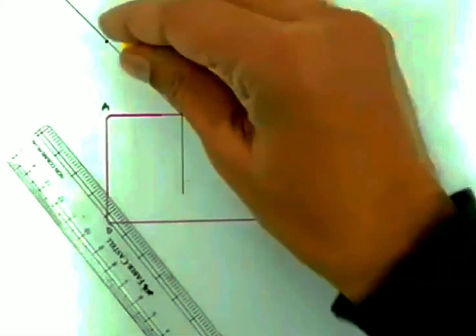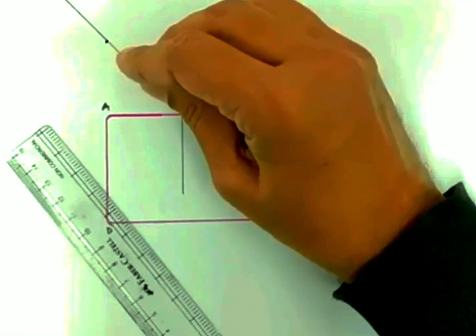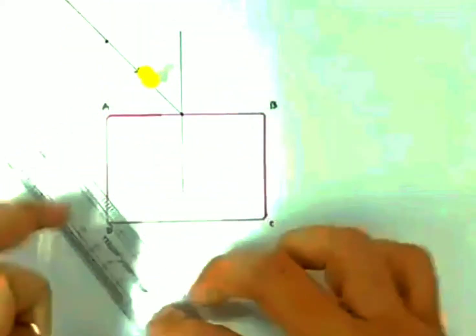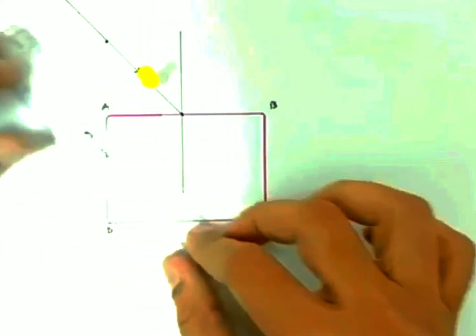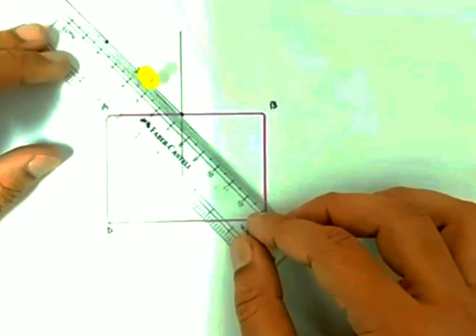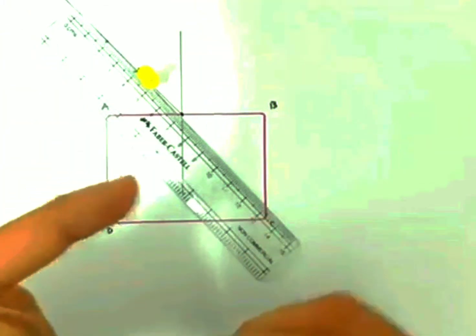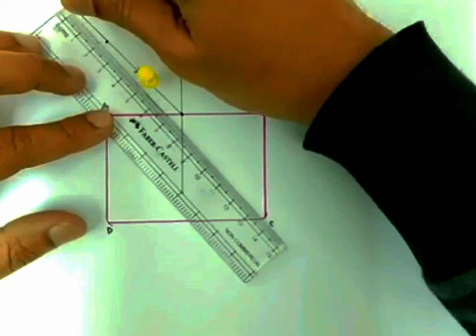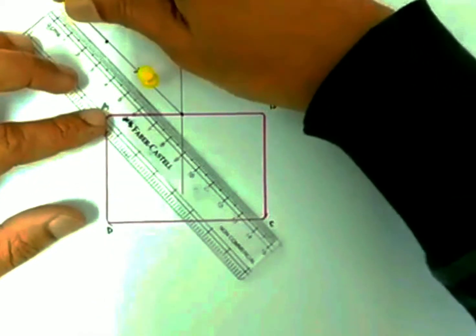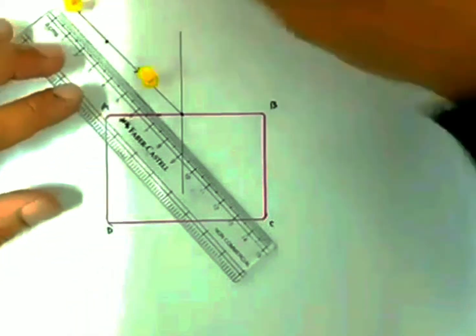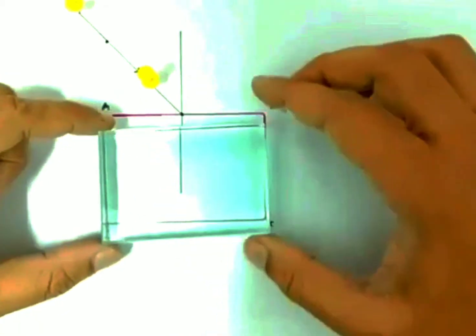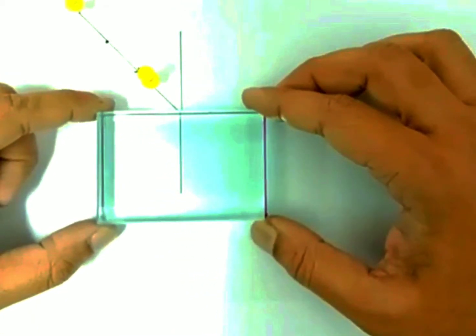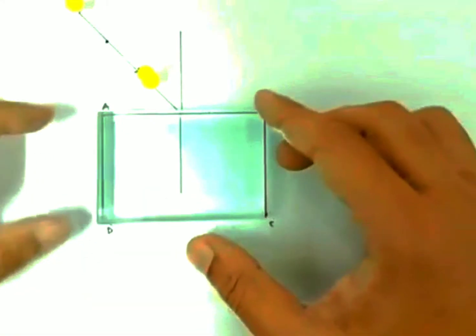Now we will fix 2 drawing pins E and F on this inclined line at AB. Just 3 or 5 centimeters away, we will put another drawing pin. Now we will again put back the rectangular slab and try to observe the images of the pins.